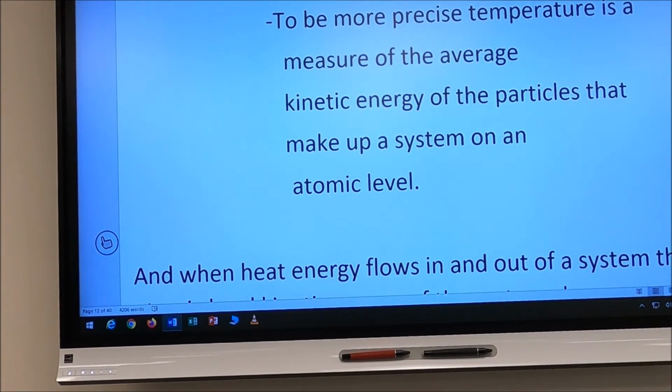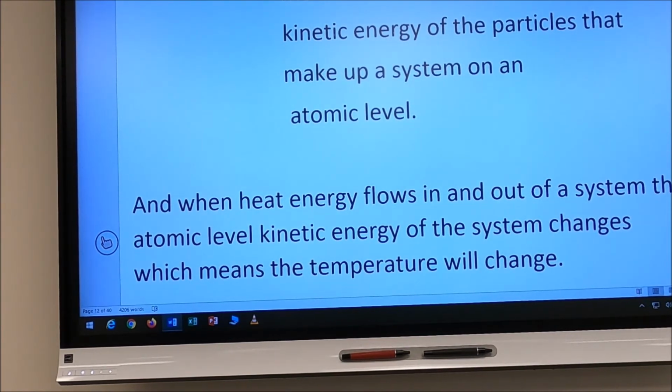So we're going to look at energy flowing in and out of our system by way of interactions on that atomic level, and we're going to be able to track it by way of temperature. When heat flows in or out of the system, there's going to be a temperature change. Okay?